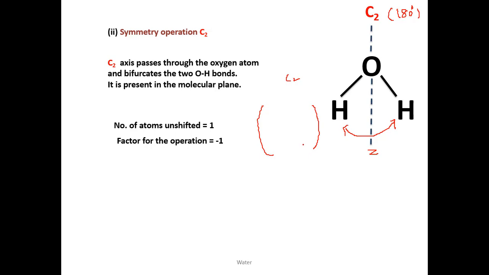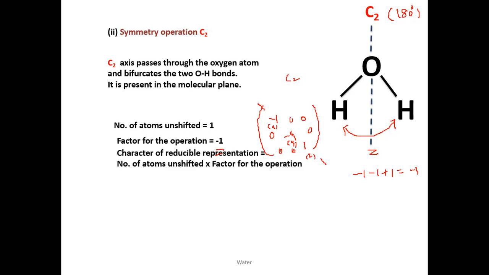So at the place of Z you will find 1, but X and Y will get changed, and so -1 and -1. The first term is X, the next term is Y, and this term is Z, and all the other things will remain as 0. So the diagonal elements are -1, -1 and +1, and that will be equal to -1. That is how you get the factor as -1.